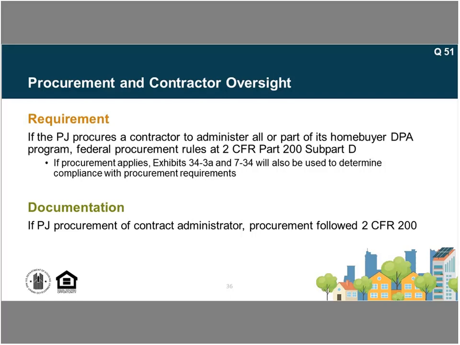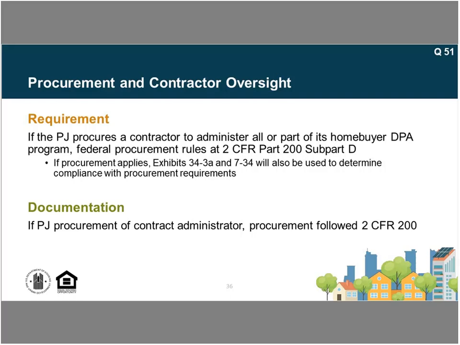So if you do go to 200 Subpart D, you probably want to look around maybe starting at 200.317. That talks about procurement by states. 318 has general procurement standards. 319 talks about competition. 320 talks about methods of procurement to be followed. So you do want to check that section out if you are using a contractor.